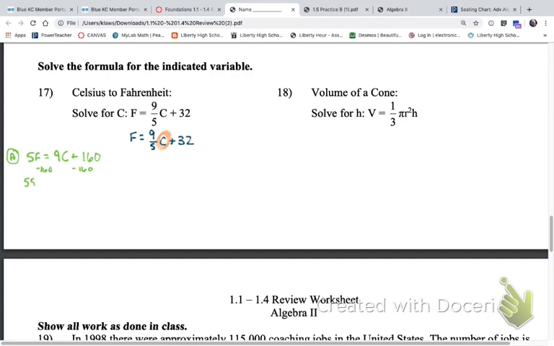I have 5f, not 55, 5f minus 160 equal to 9c, and then divide everything by 9. On one like this, I'm okay if you leave it like that. I'm okay if you want to turn it into 5/9 f minus whatever 160 over 9 is going to reduce to, if it reduces at all.